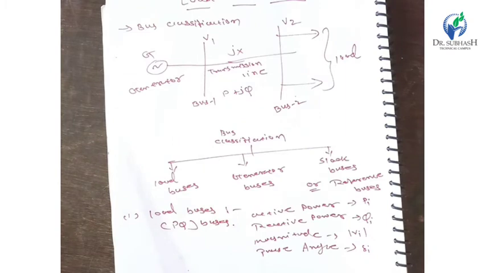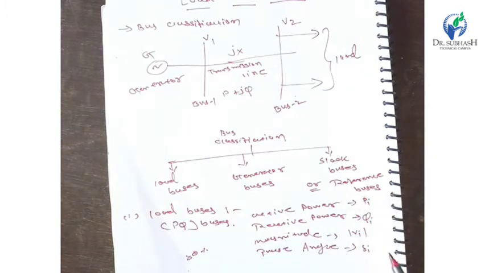This type of bus is the most common, comprising almost 80% of all the buses in a given power system. Generally 80% of buses are load buses. In the load bus system, the parameters are active power, reactive power, magnitude and phase angle.